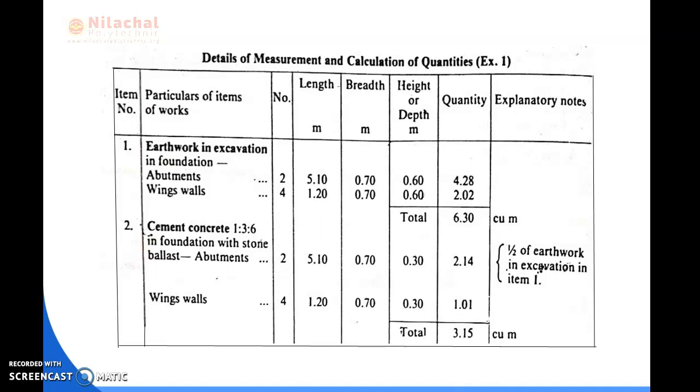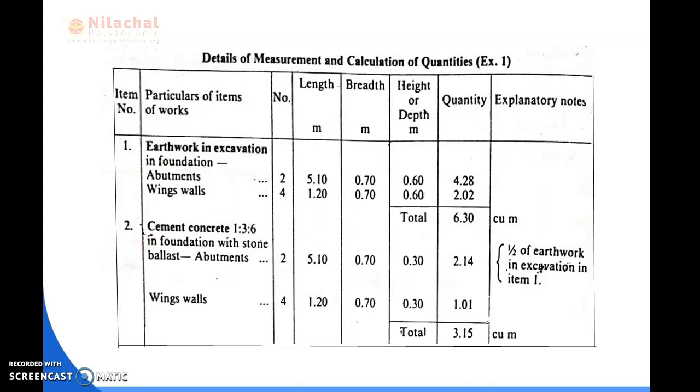First of all, we discuss earthwork in excavation. First, the earthwork excavation is done for the foundation. In an RCC slab culvert, the components are the abutment and wing wall.